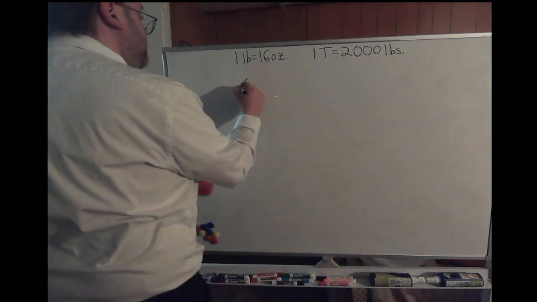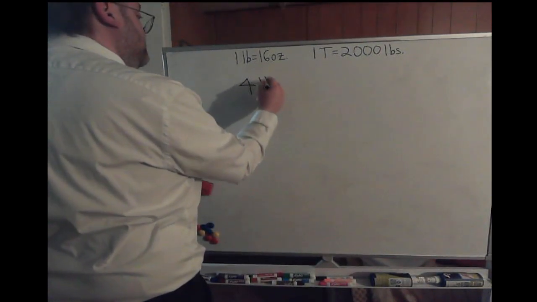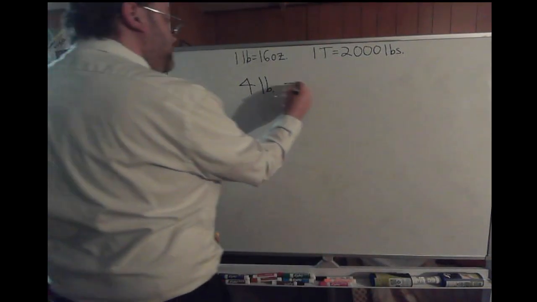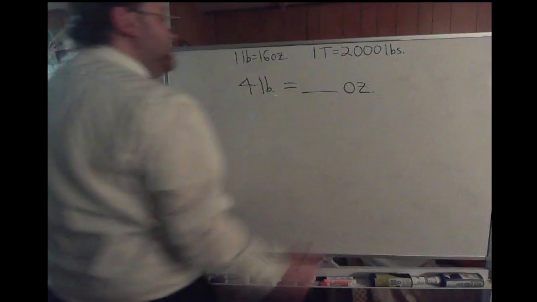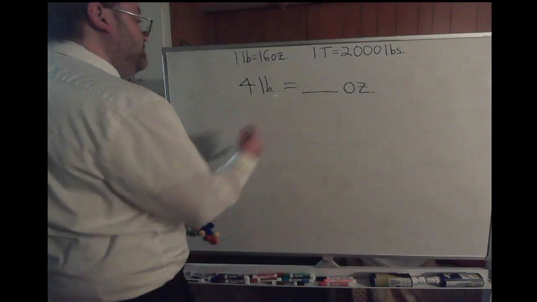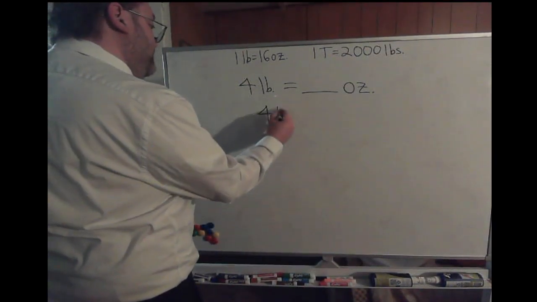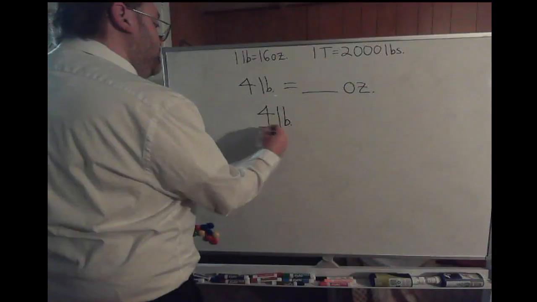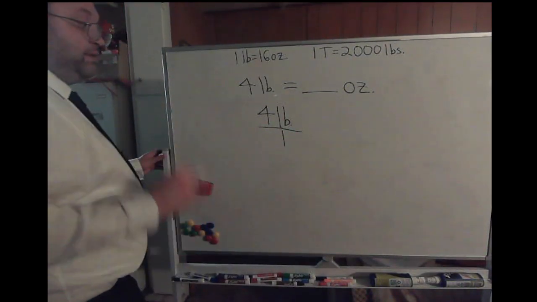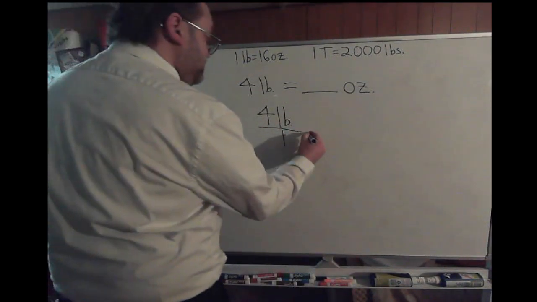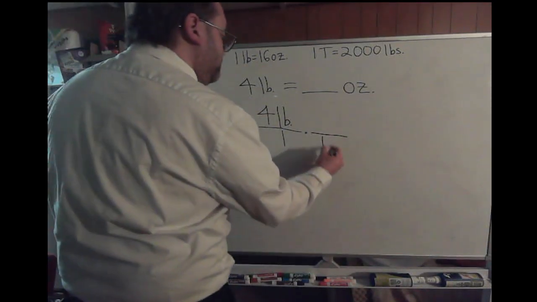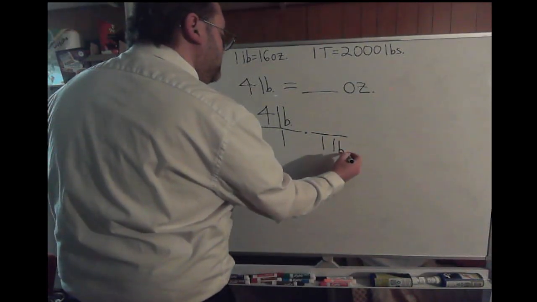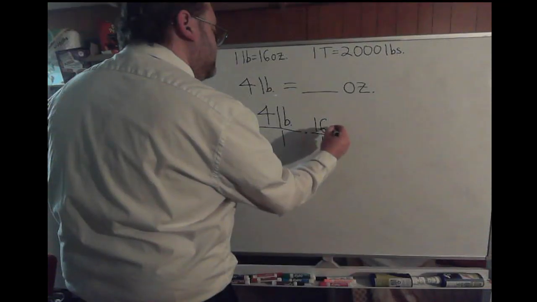Alright, now let's say we have 4 pounds. We want to convert those 4 pounds to ounces. So how many ounces are in 4 pounds? Again, start with your pounds. 4 pounds over some guiding one. Now we want the pounds to cancel out. So in the ratio, we put the pounds on the bottom. We use the fact that in 1 pound, there are 16 ounces.